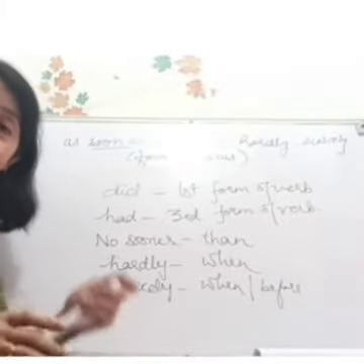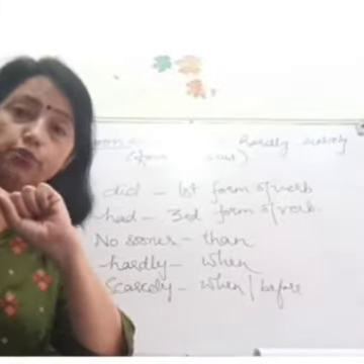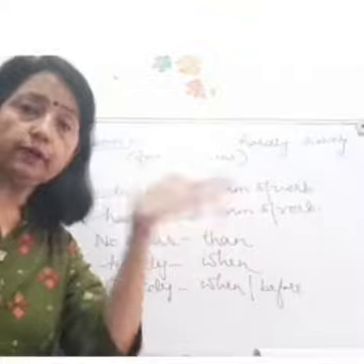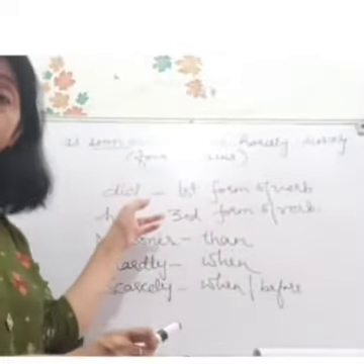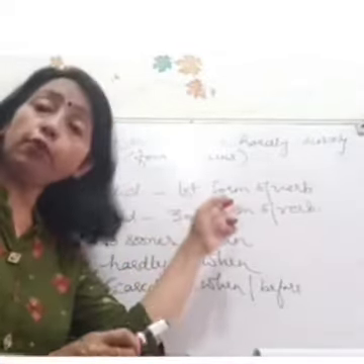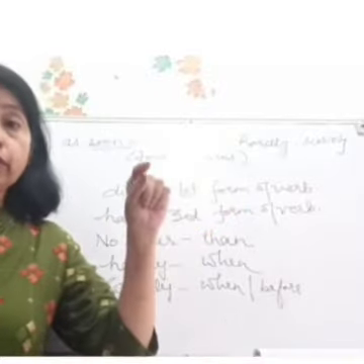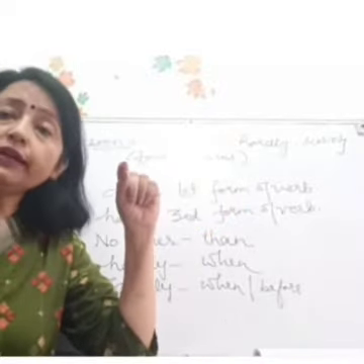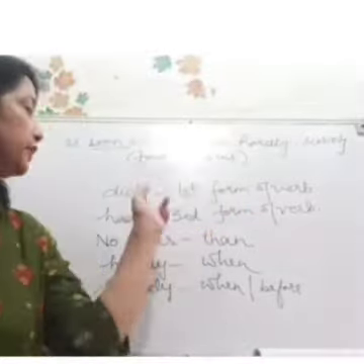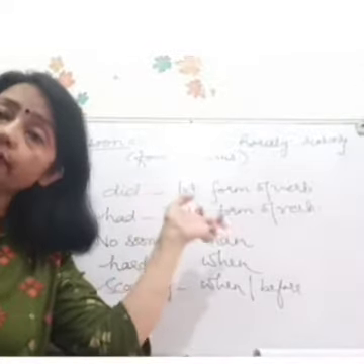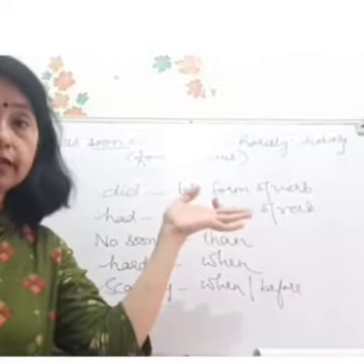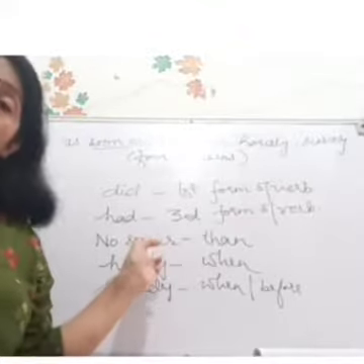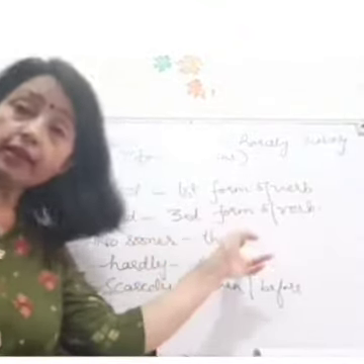Now have a look at the easiest way to learn this. See, with did what comes? First form of verb. In the question you will find the verb first and then you will write the first form of verb. Okay, with had we use the third form of verb, you know that. And with no sooner what we use? Than.